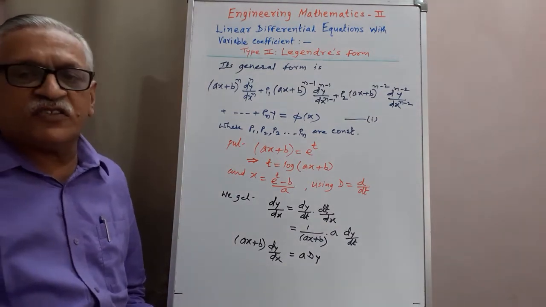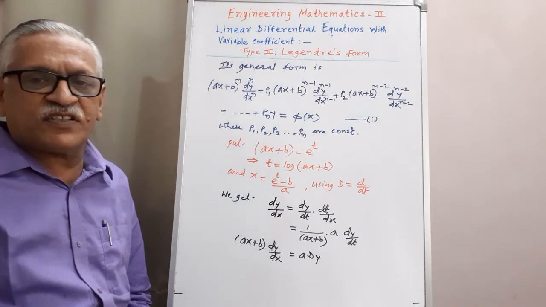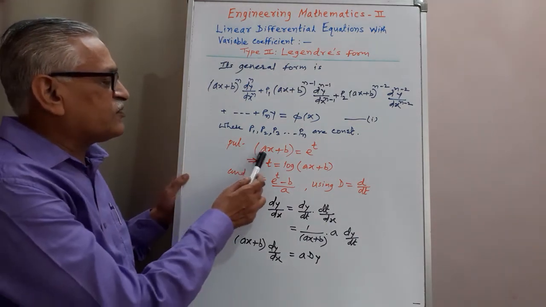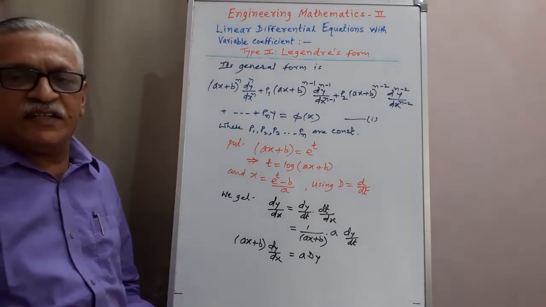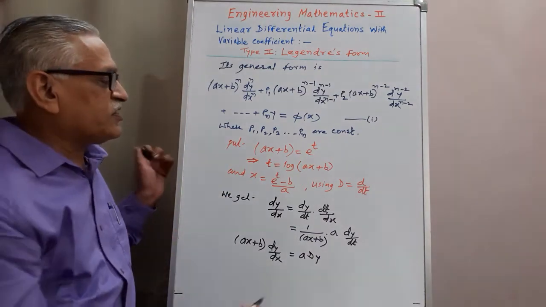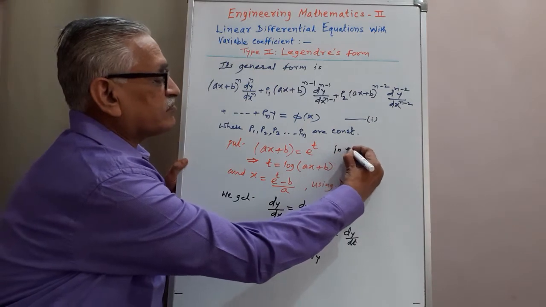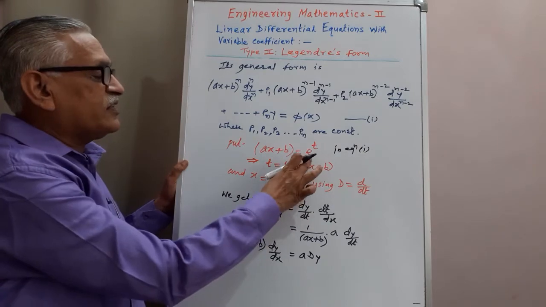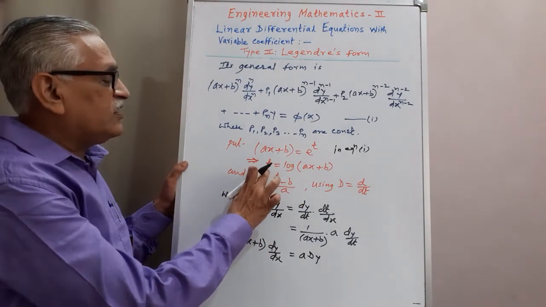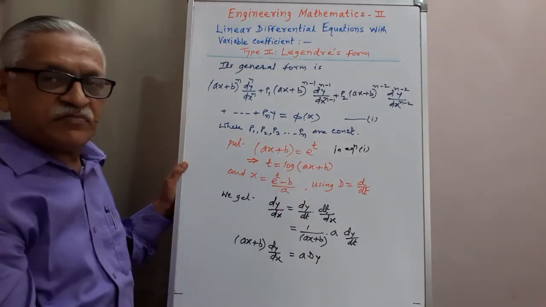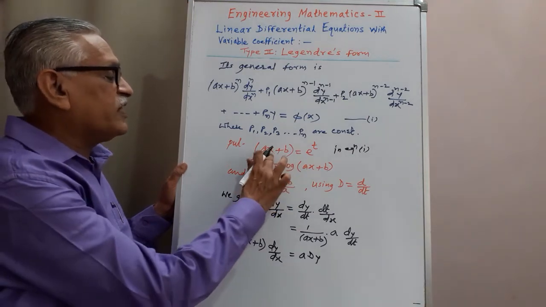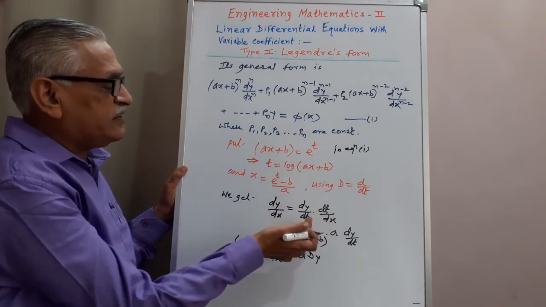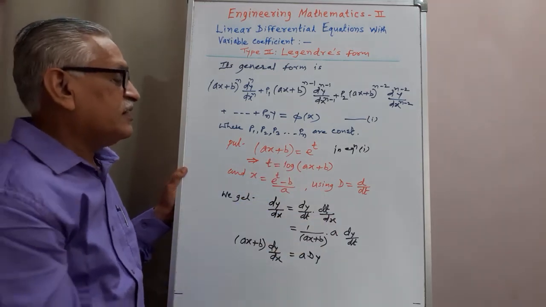Then to convert it into a linear differential equation with constant coefficients, we use the substitution ax+b = e^t in equation 1. Transferring this e to the left side, we get t = log(ax+b), and solving for x, we get x = (e^t - b)/a.